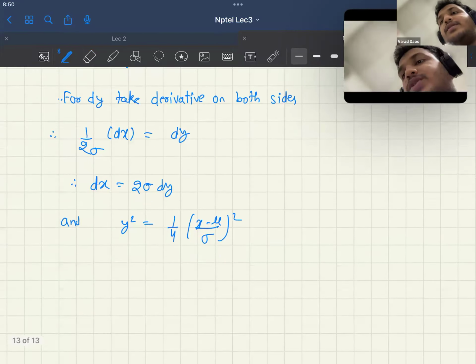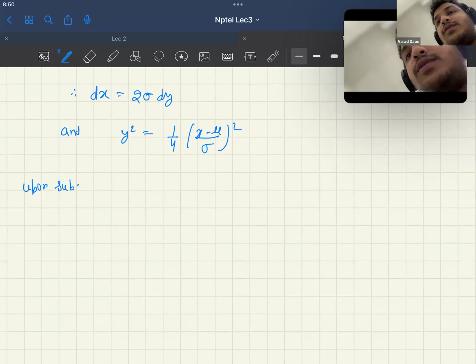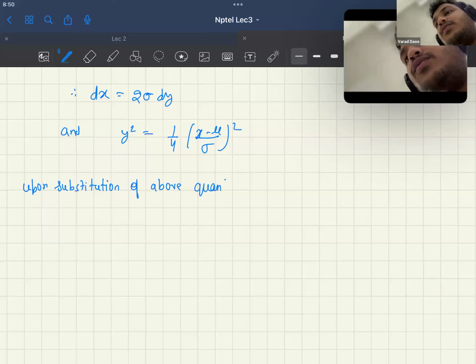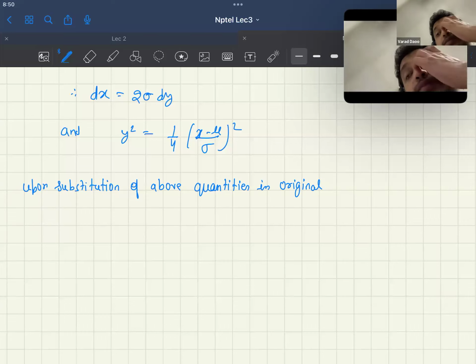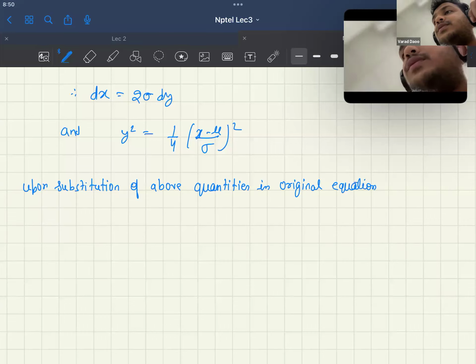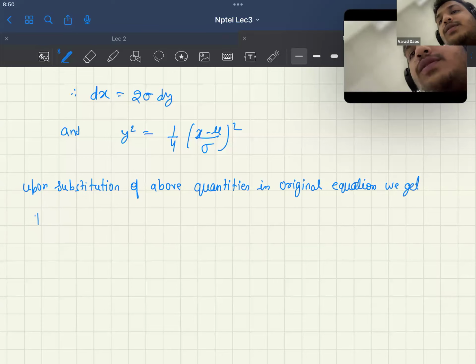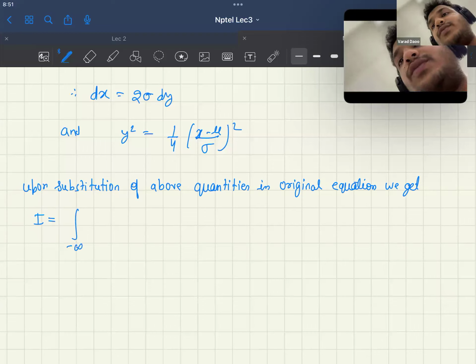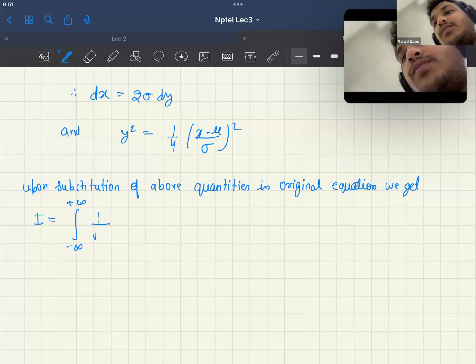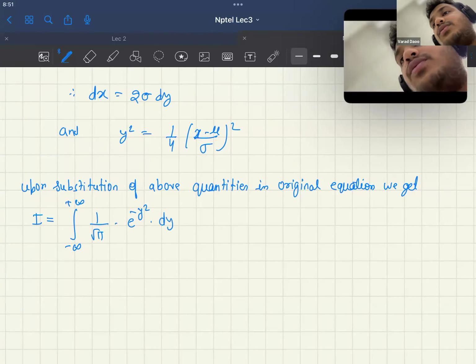So upon substitution of the above quantities in the original equation, we get I is equal to integral minus infinity to plus infinity 1 by root pi into e to the power minus y square into dy.